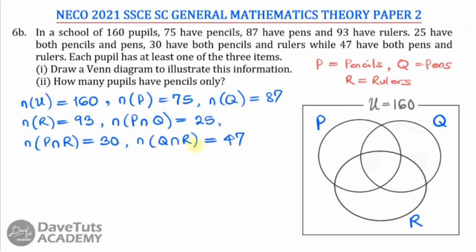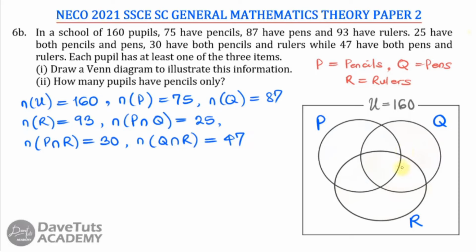So this is the information that we're given and expected to put in the Venn diagram. We need to know that the fact that each pupil has at least one of the three items means that all of the pupils will be included within P, Q or R, or the intersections of them with one another. None is going to be outside that combination of P, Q, and R. As a rule of thumb, I generally prefer that we start at the intersection of the three subsets.